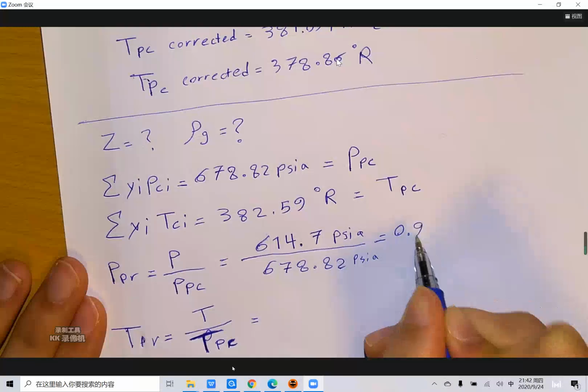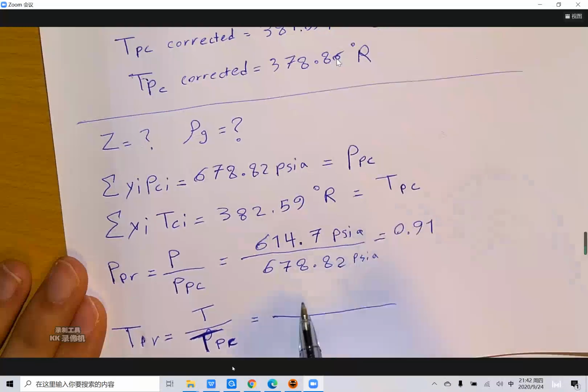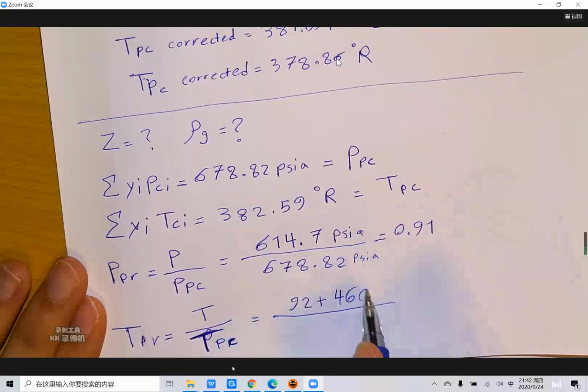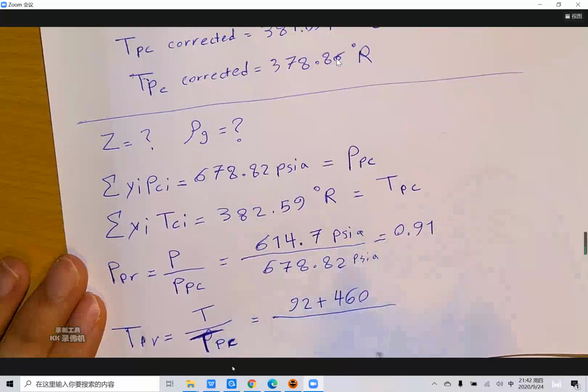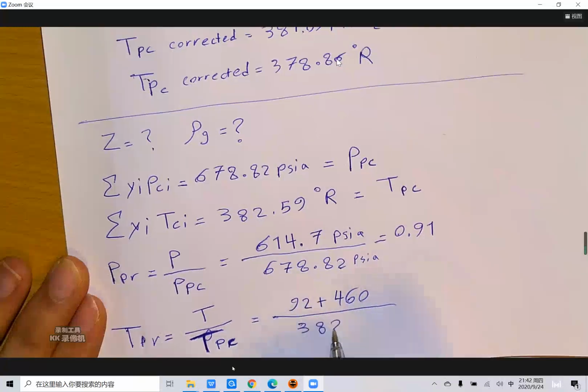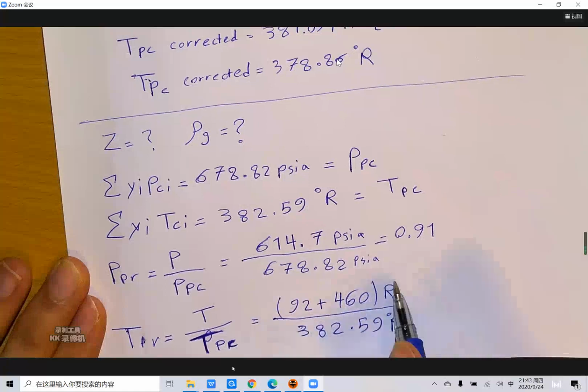And here the temperature given is 92 Fahrenheit, which we have to convert to Rankine, over the pseudo-critical temperature, equal to 1.44.